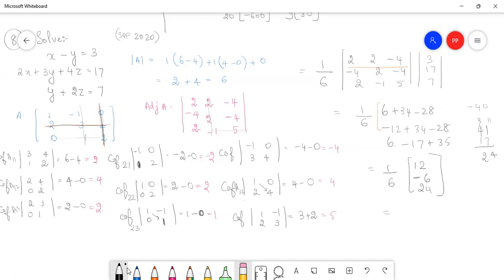So எல்லாமே multiples. So it's going to be 2 minus 3, sorry, 2 minus 1 and 4. X, Y, Z.